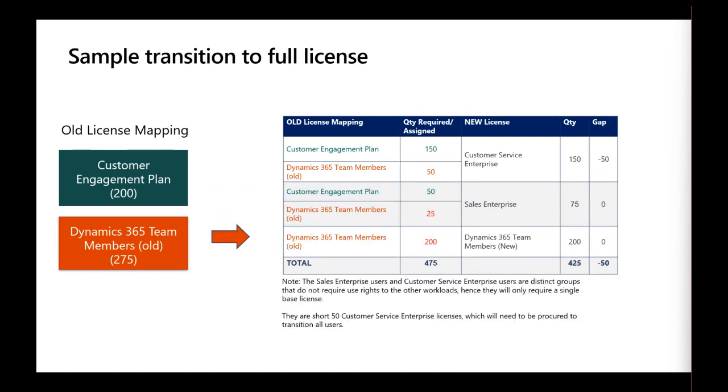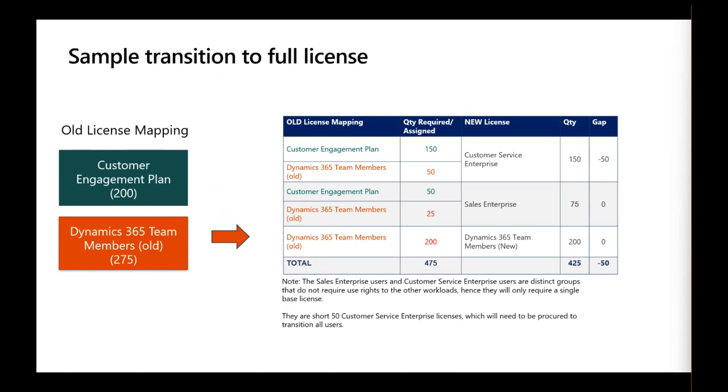Next, we map the Dynamics 365 team members old license and assign 50 of those to customer service, 25 to sales enterprise, and 200 to the Dynamics 365 team member license. At this point, we can see that we originally started with 475 licenses, but now we have 425 with a 50 license deficit. These licenses will need to be procured in order to transition all of the users.